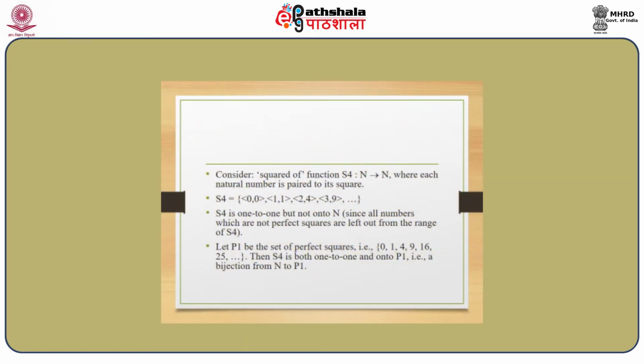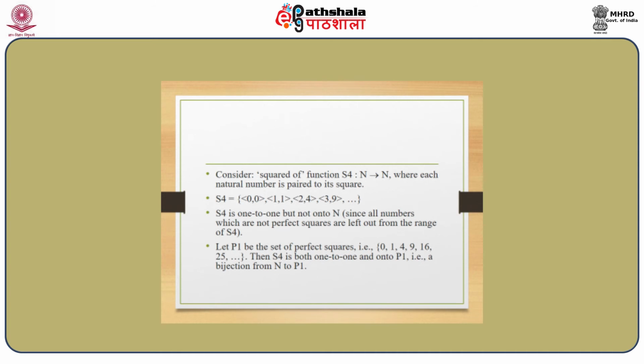Now consider the following function, the square function. S4 is defined as that function from N to N where each natural number is paired to its square. So S4 equals {(0,0), (1,1), (2,4), (3,9), and so on}.